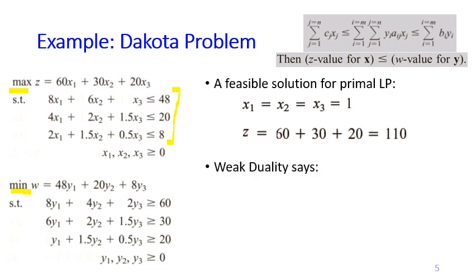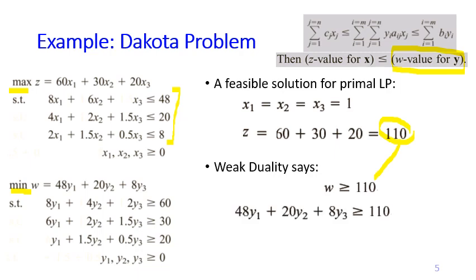Now we use the weak duality lemma, which says that the w value for y is always greater than or equal to the z value. So the w value is always greater than or equal to 110, and w is defined by this. So you know that 48 y1 plus 20 y2 plus 8 y3 must be greater than or equal to 110.